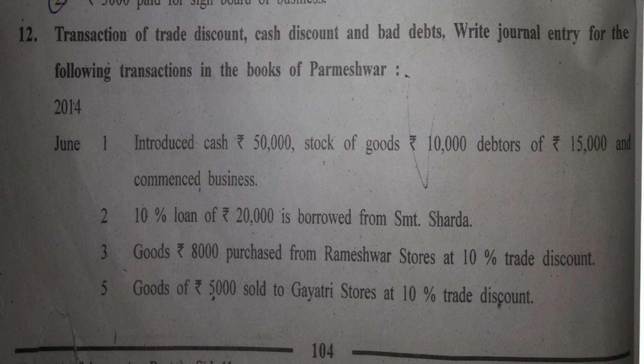Moving towards the second transaction, 2nd of June, 10% loan of 20,000 is borrowed from Srimati Sharda. A loan is taken from Srimati Sharda, loan of rupees 20,000. What comes in?